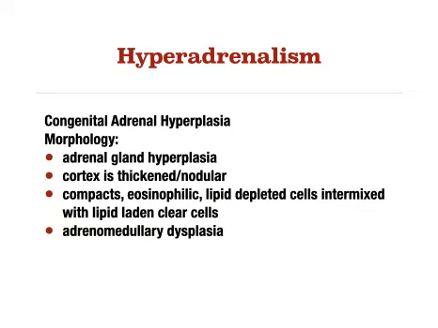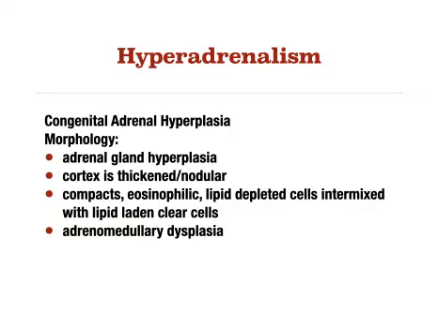So for the morphology of congenital adrenal hyperplasia, oftentimes the adrenal gland may be hyperplastic, where the cortex is thickened or maybe nodular. And if you look under the microscope, the nodularities will be composed of compact eosinophilic to lipid depleted cells intermixed with lipid-laden clear cells.